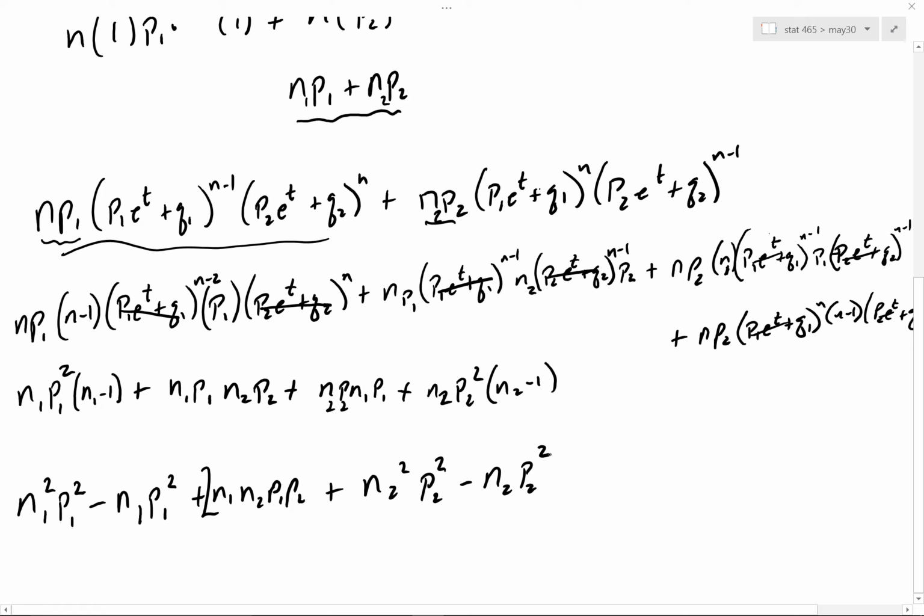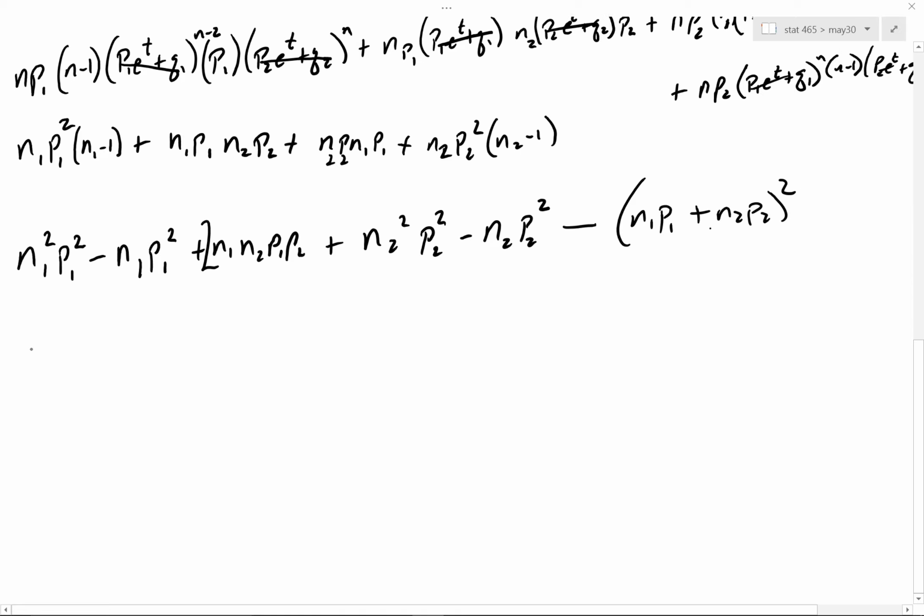Whew! Doggies. Now, this is your second moment, right? So if I take that and I subtract from it this guy squared, I should get the variance of the sum. So it's going to be n1 p1 squared minus, I'm going to leave it like this, I think, just for fun. We'll see if I like it in a minute. Plus, I got two of them.